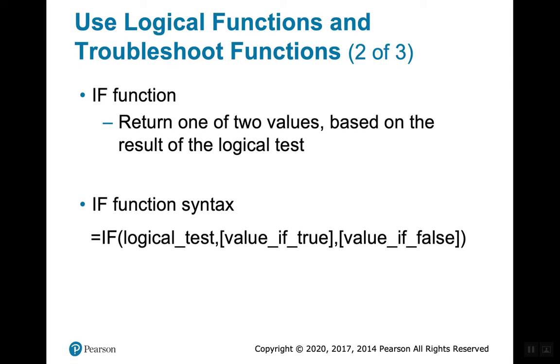So there are logical functions inside of Excel that deal with this. There's an IF function. We will return one of two values based upon the result of the test. If it's condition A, return A. Otherwise return B. All right. So value if true, value if false. It's a binary decision.